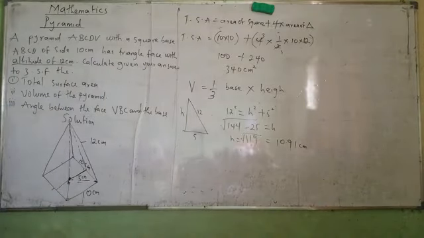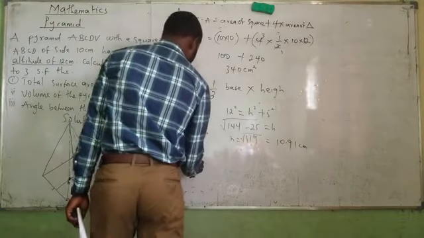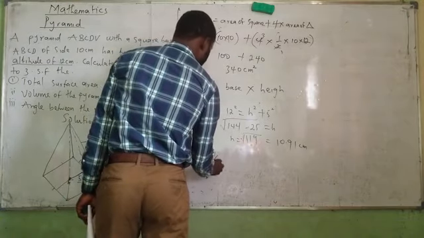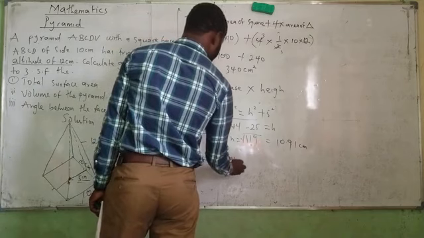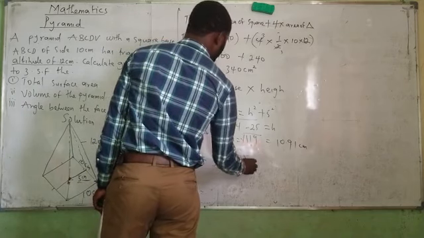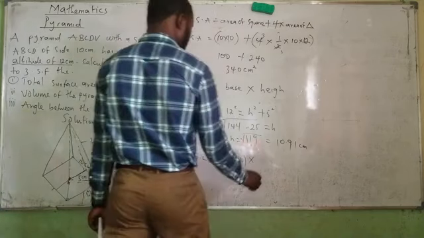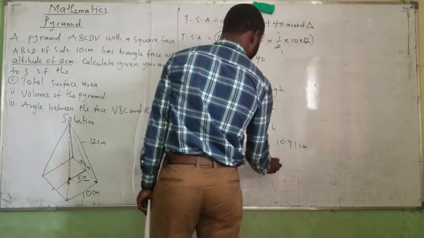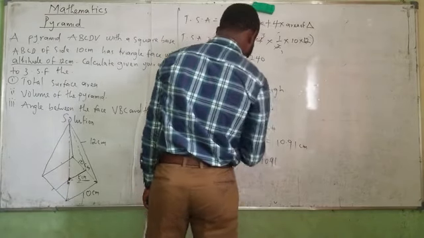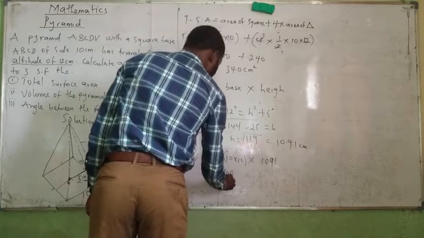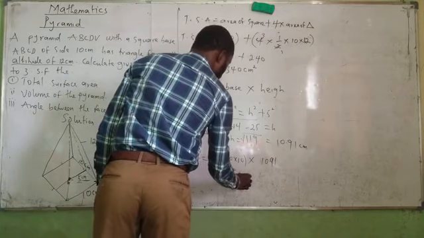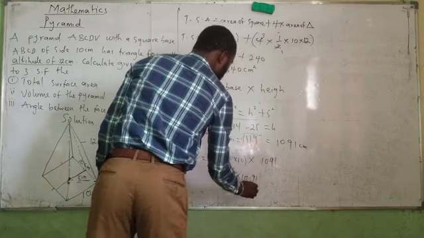Now, I can go towards my volume. My volume will be equal to 1/3 of the base, which is 10 times 10, multiplied by height. My height is 10.91 centimeter. Which I'll be having 100 divided by 3 multiplied by 10.91.